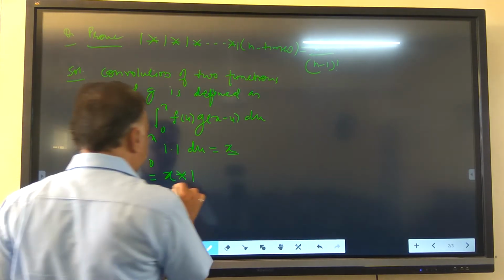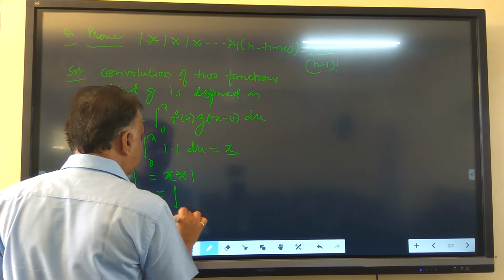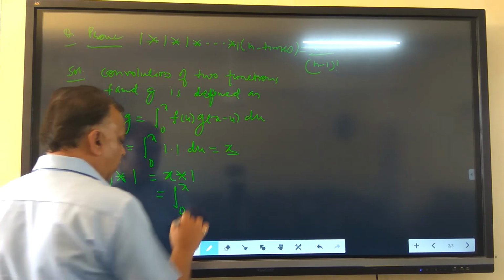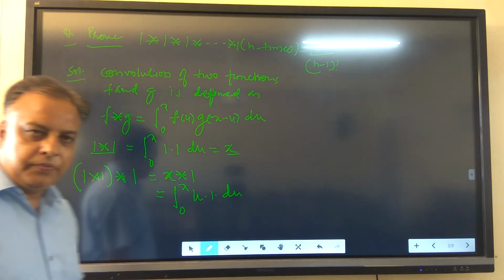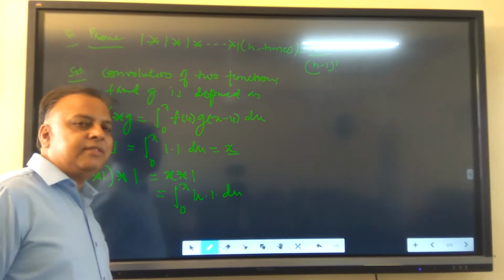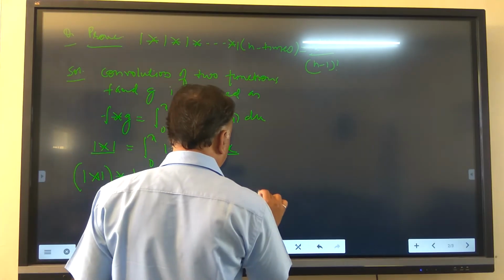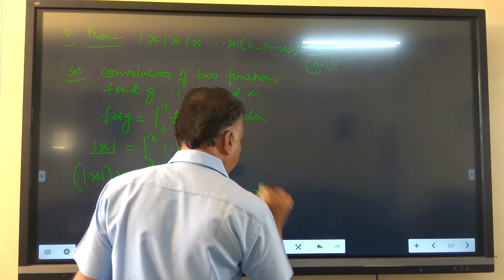By the definition of the convolution, this is the integral from 0 to x of u into 1 du, and by integrating we get x square upon factorial 2.